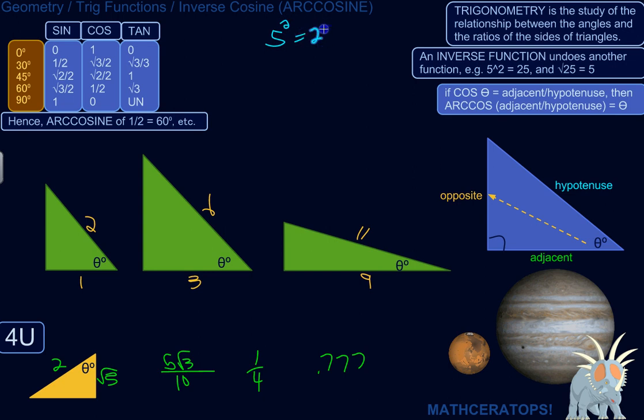That's 25. Well, that means that if I take the square root of 25, I get 5. So you see how we started with 5 and we ended up with 5? The square root function and square functions are inverses of each other. So this should look more like a 5.